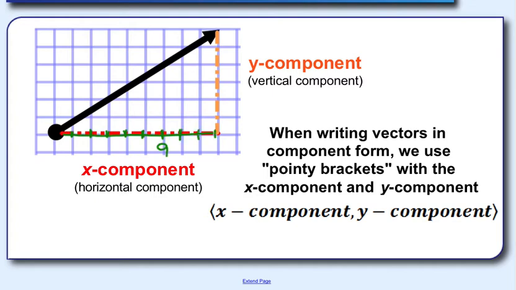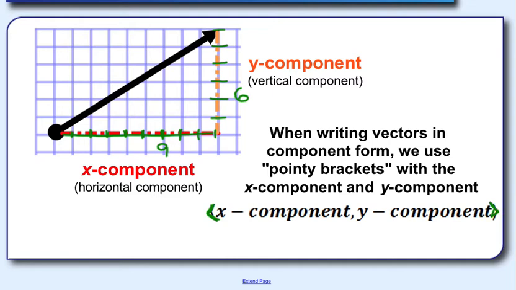And then we would count the y-axis values: 1, 2, 3, 4, 5, 6. Okay? When writing vectors in component form, we use pointy brackets, with the x component and the y component.